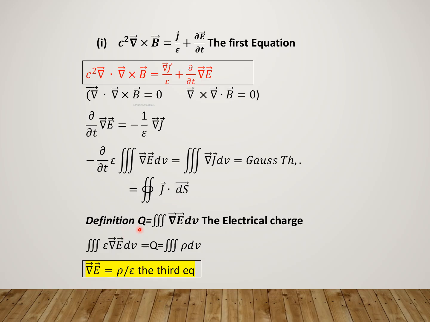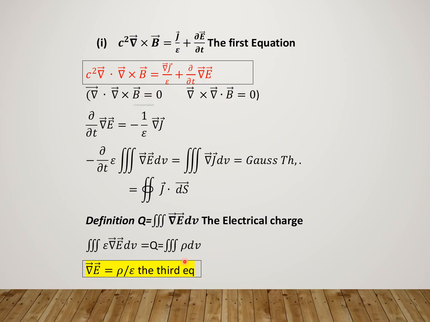Therefore, if we define the electrical charge inside the volume V as the volume integral of these expressions, then we have from above that the volume integral of epsilon times del dot E dV equals the total charge inside the volume, which is the volume integral of rho dV, where rho is the charge density inside the volume.